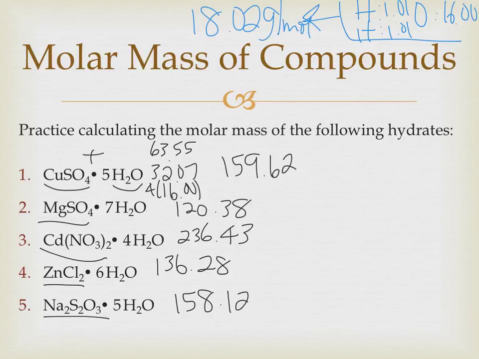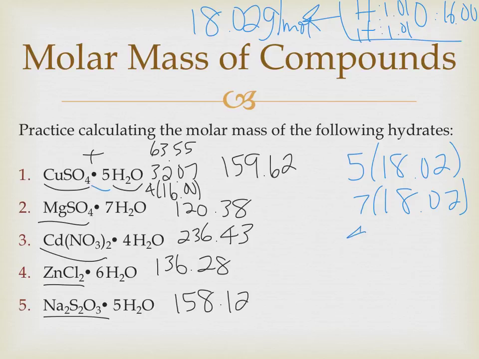So when you're calculating the mass of a hydrate, you are going to just multiply 18.02 by whatever the coefficient is in front of water. So the coefficient is 5 times 18.02. The coefficient in number 2 is 7 times 18.02.